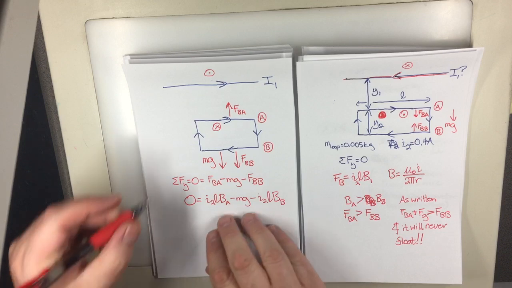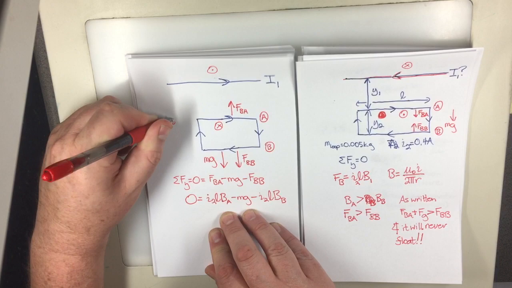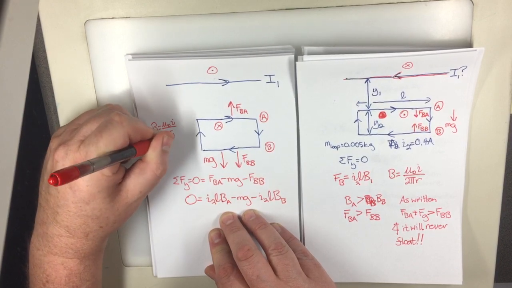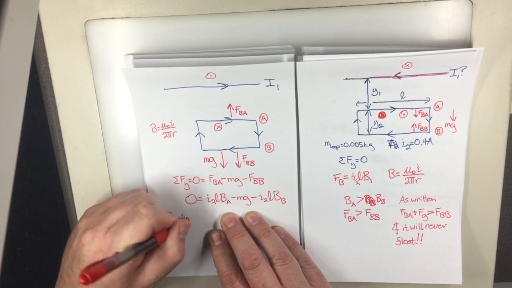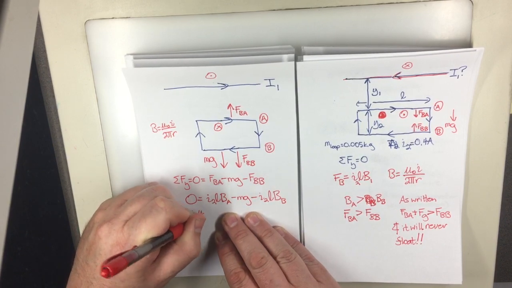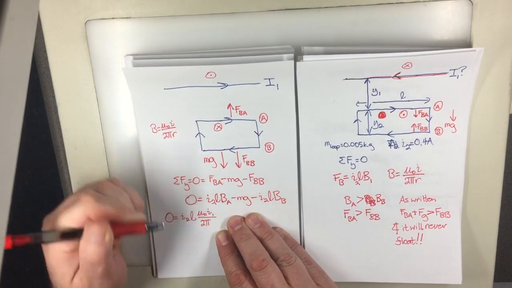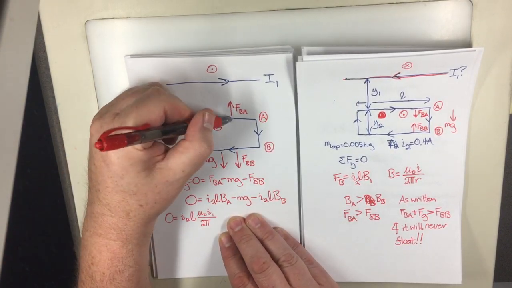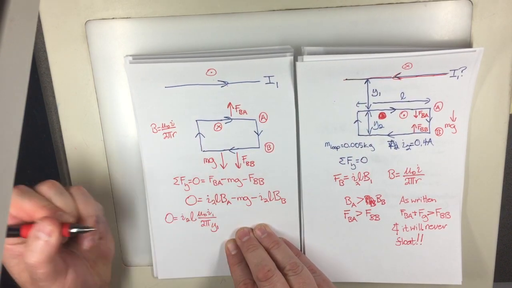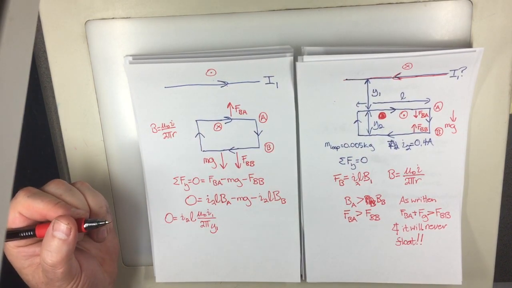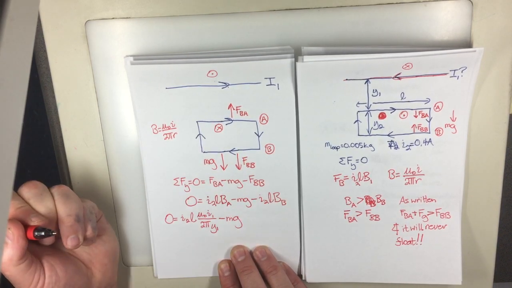But I do know that B is equal to mu naught I over 2 pi R. So this becomes I2L mu naught I1 over 2 pi. The distance from there to there is y1. Then I have minus mg. I have all of that.